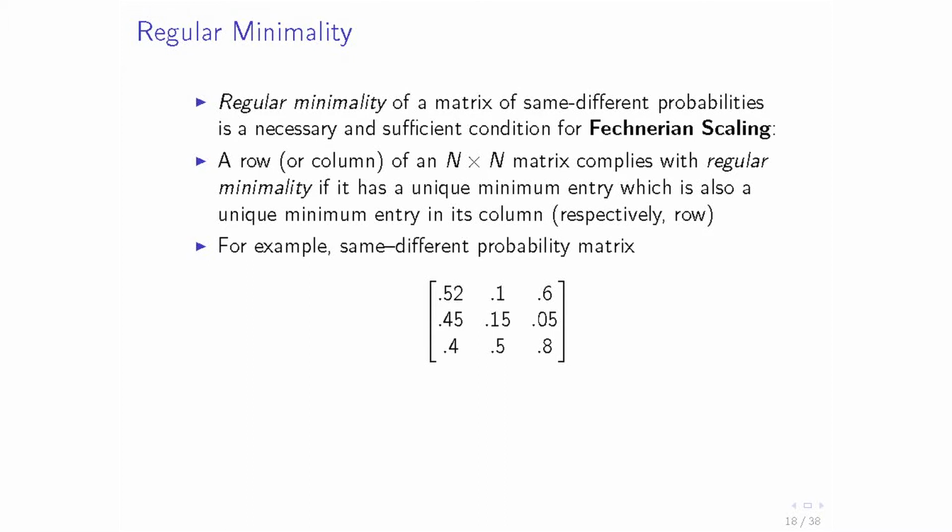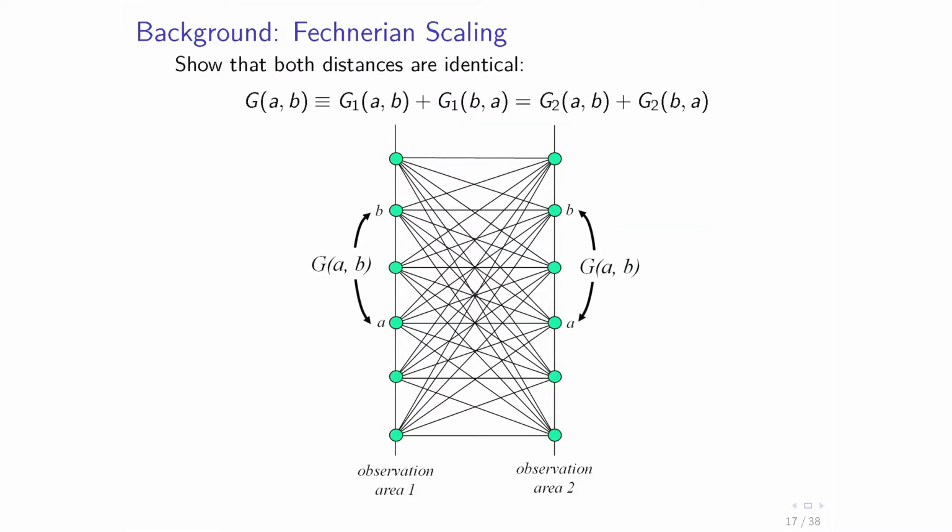Okay, I should mention one more term here that I haven't formally introduced, but we can say that, when we go back to this picture here, for each stimulus in the first observation area, let's take A for example, we look at all possible stimuli in the second observation area.